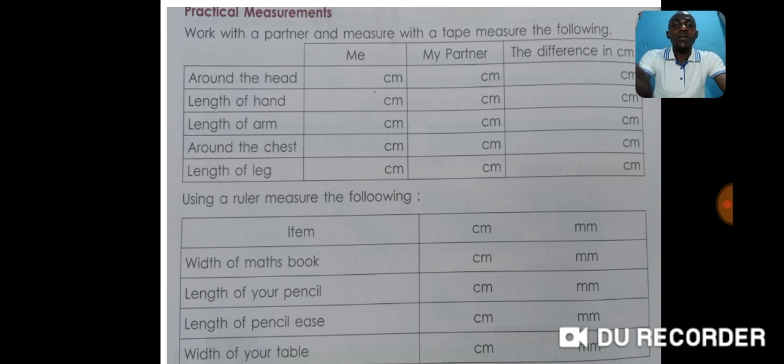One, we have around the head. You can use the tape measure around your head, and then you take note of the end of the circular strip of the tape measure, and then you transfer it onto your meter scale or ruler, or your centimeter or millimeter scale or ruler.